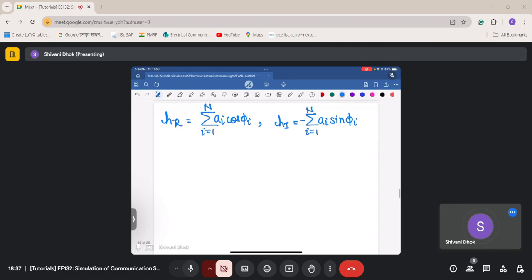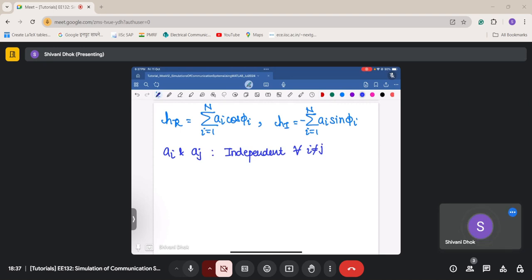Okay. Then for large n, before that, there are some assumptions that we take for doing this. We say that ai and aj are independent for all i not equal to j.